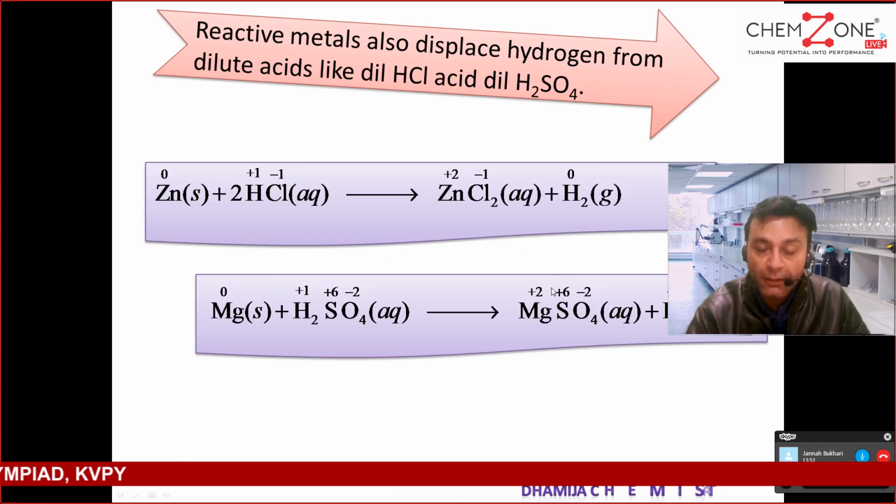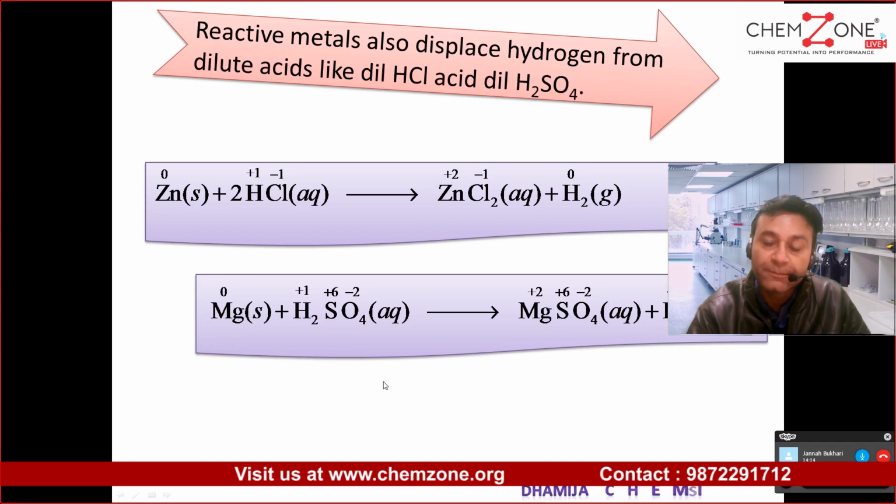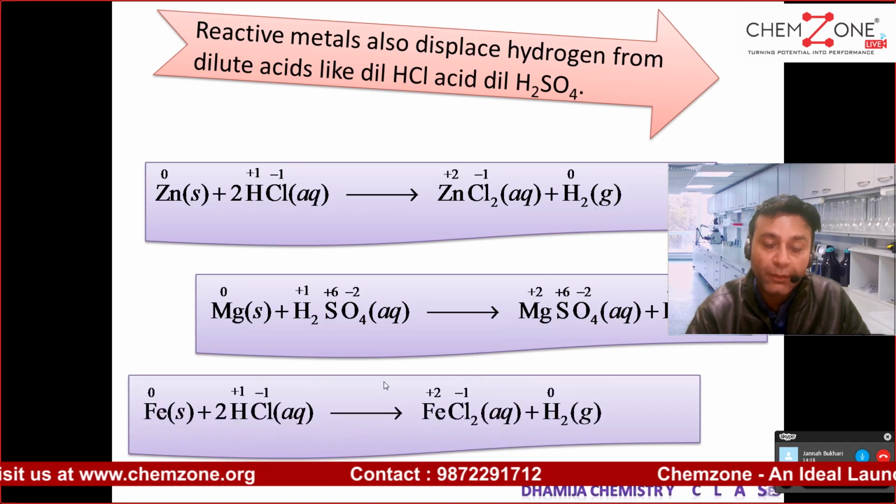It means sulfuric acid is an oxidizing agent, and hydrogen +1 to 0 on the product side. It means hydrogen is getting reduced in the presence of the magnesium. It means magnesium acts like a reducing agent. Are you getting me? Okay. Similarly, we can give one more example here.